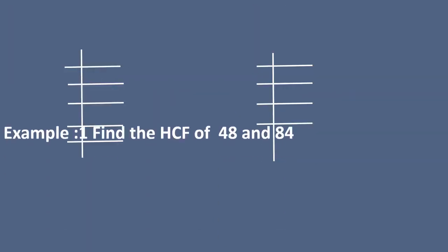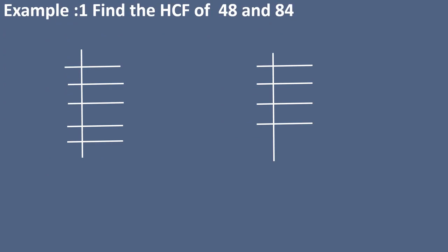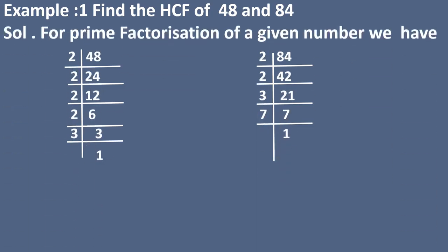Find the HCF of 48 and 84. First of all, we are doing it by the prime factorization method. For prime factorization, we have to find the prime factors of 48 and 84 both.